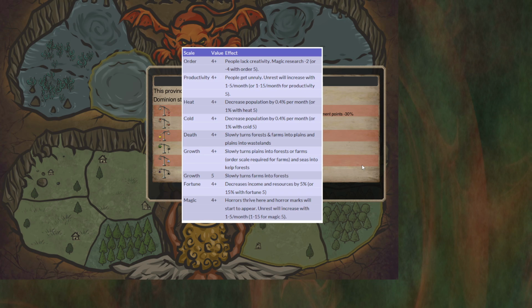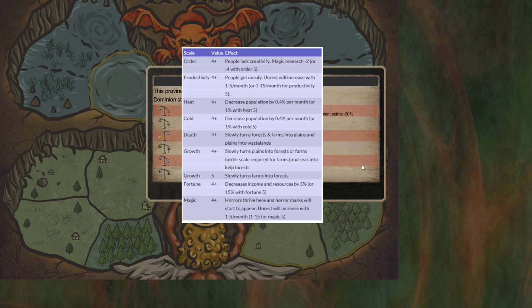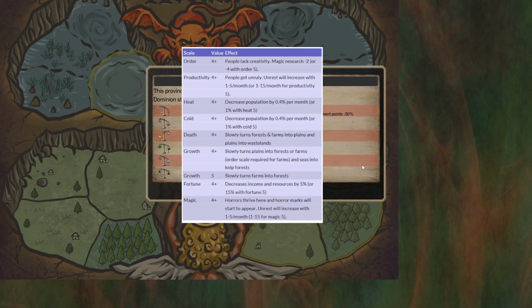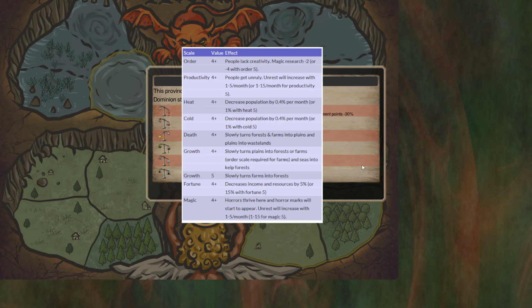As far as I've been able to tell, there doesn't seem to be any additional negatives to having a high drain of 4 or 5, or misfortune 4 or 5, other than the effect the scale would have at that number. Bear in mind that these are additional effects for being of an extreme scale, and the usual base effects will apply for whatever scale number you're at in a province.